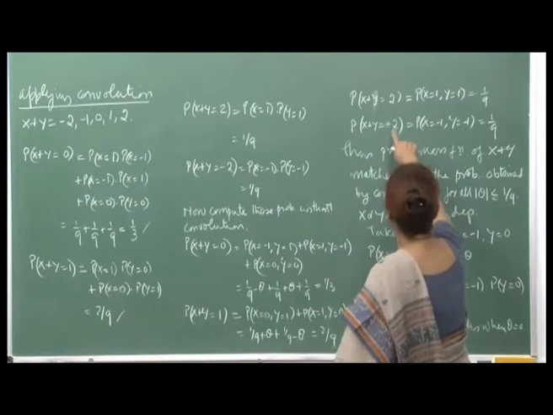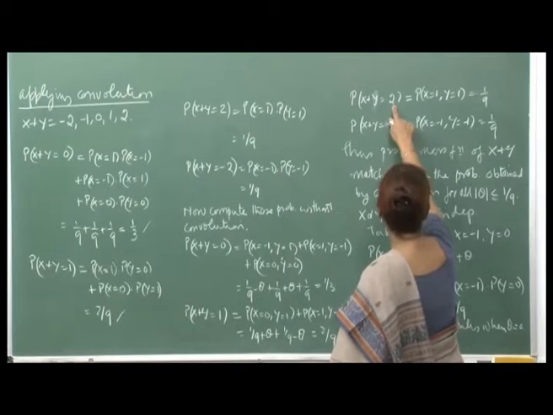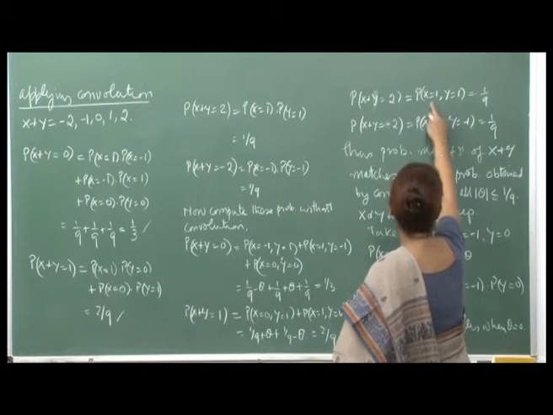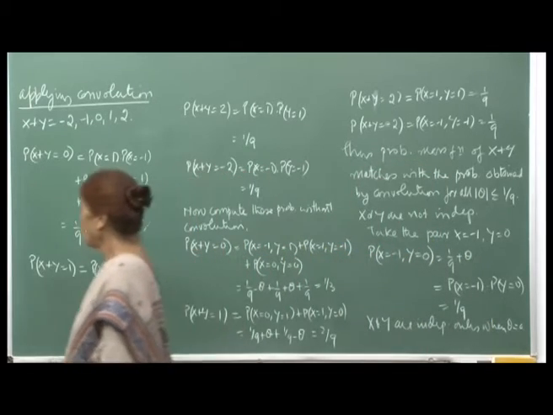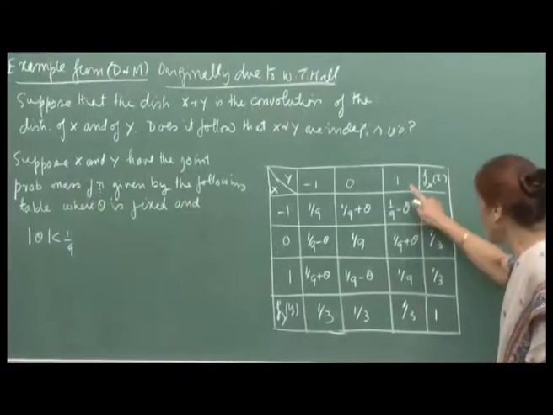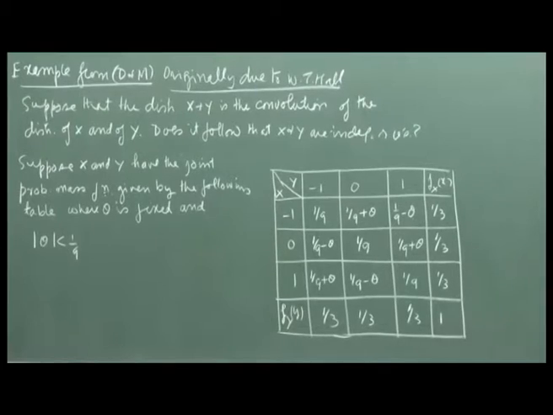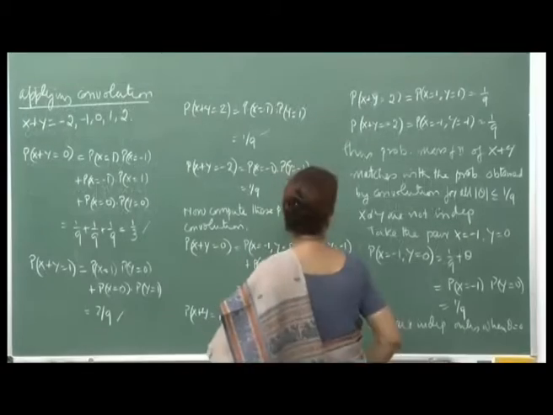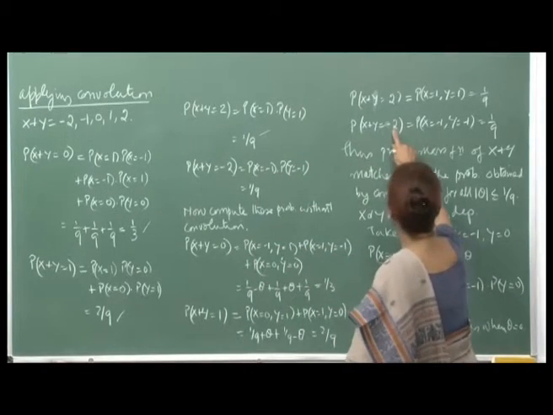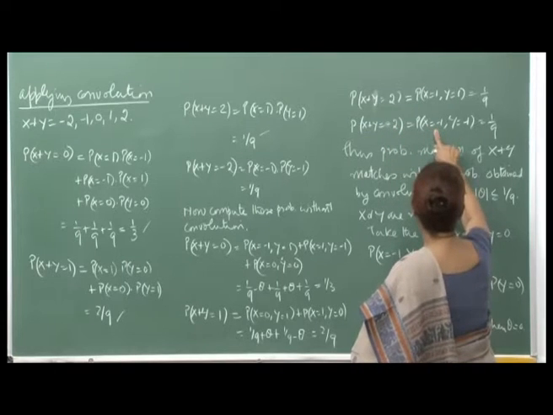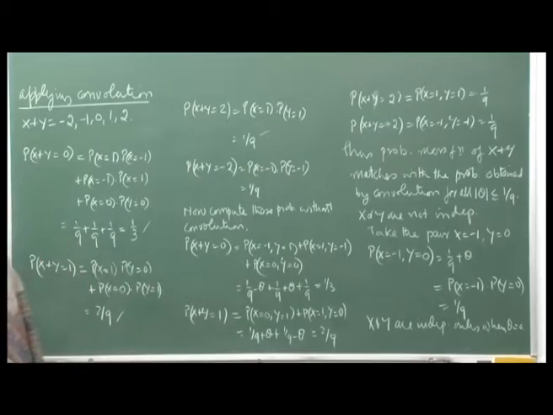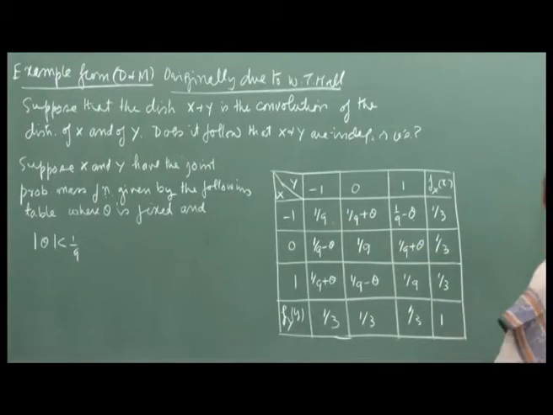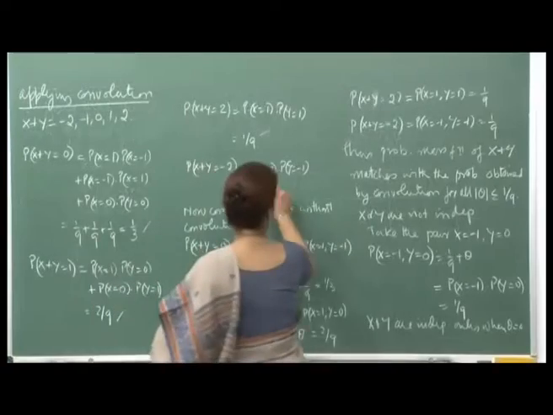And this matches with this 1 by 3. Similarly, x plus y equal to 2 will simply be the pair x equal to 1, y equal to 1, which is 1 by 9, and this also matches with this one. And then x plus y equal to minus 2 is x equal to minus 1 and y equal to minus 1, which is 1 by 9, and here also we got it as 1 by 9.